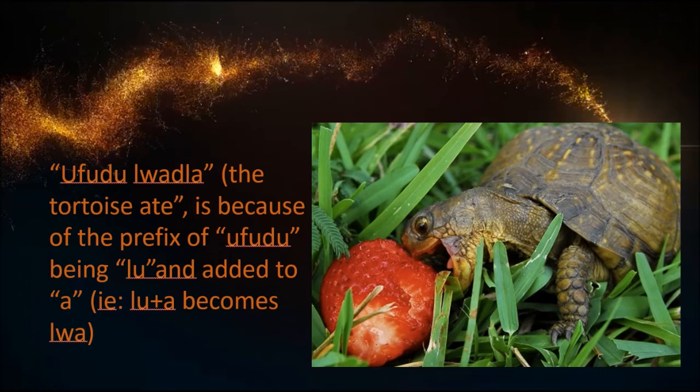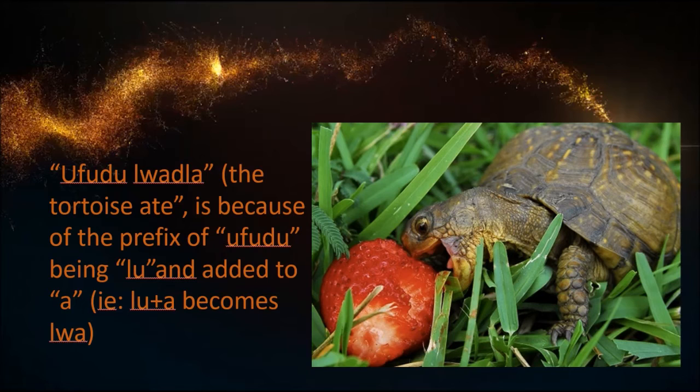Now I'm not looking at every prefix in the whole of Meinhof's prefix system. I'm just looking at some. So here, if you use the ulu prefix, like for a tortoise, it is ufudu. So if we say the tortoise ate, it is ufudu luadla.